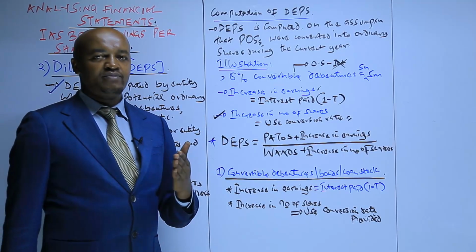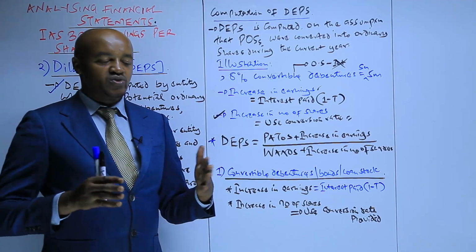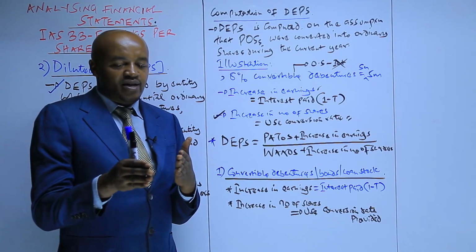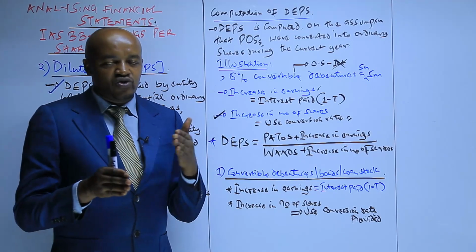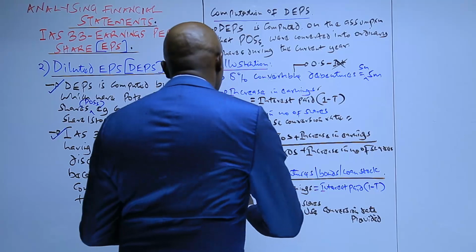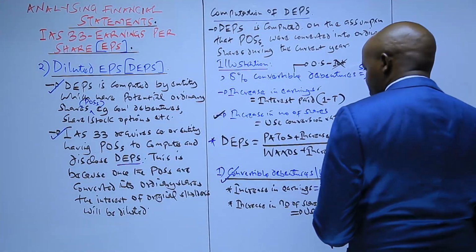You have to multiply them with the proportion of time they would have been held, because automatically those shares would not have been held for the whole year. They would have been held from the date of conversion, which is the date of the issue, to the end of the year.